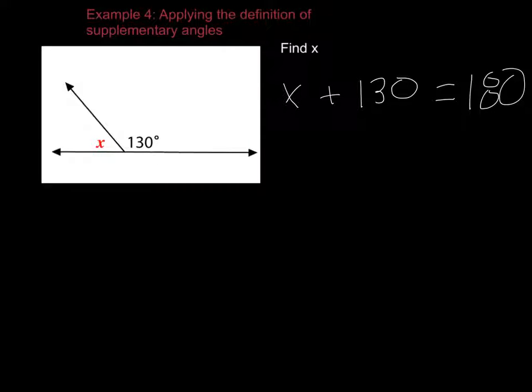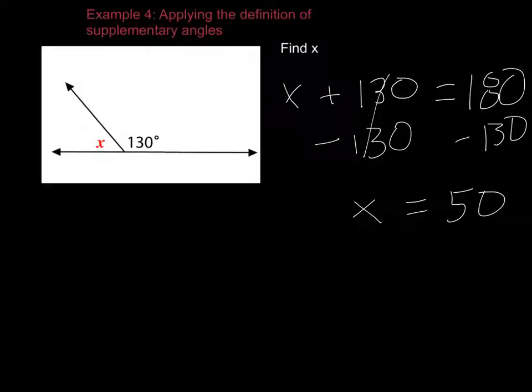So if we use our subtraction property of equality, we could subtract 130 from each side, and we would be left with 50. So x is equal to 50 degrees.